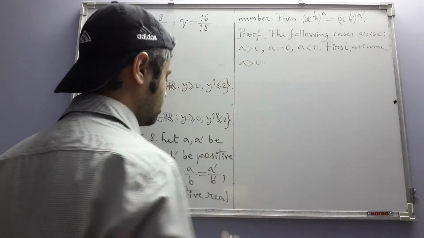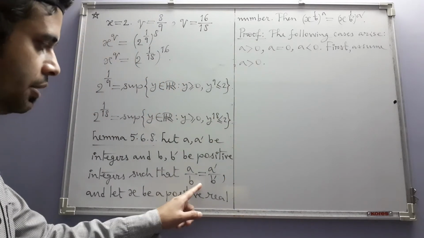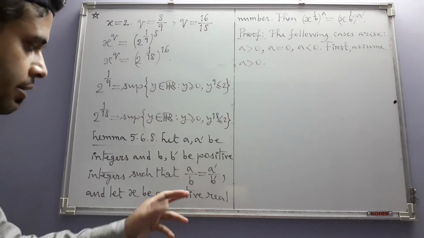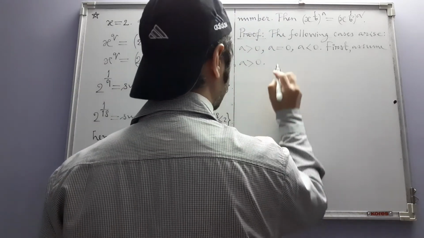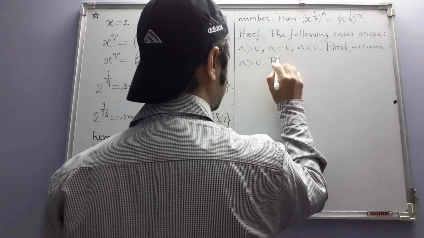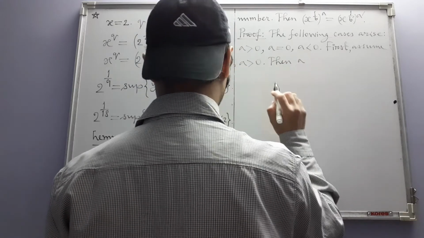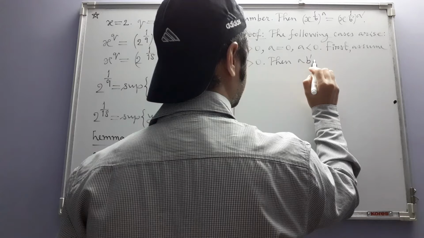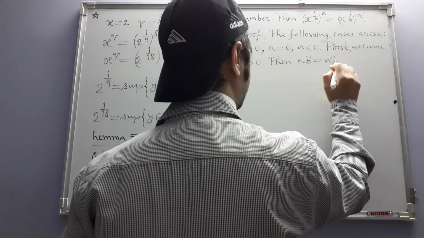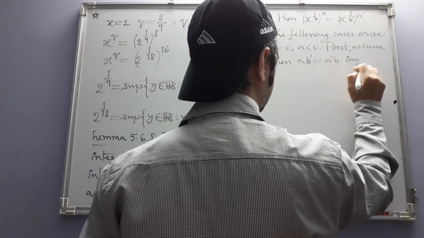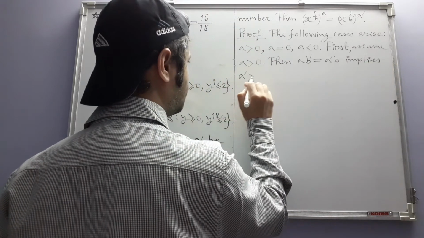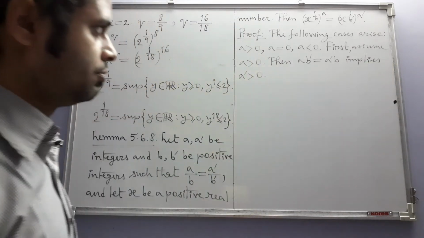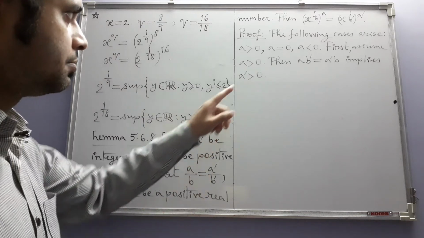a is positive. Now if we write this equation slightly differently after cross multiplication, a b prime equal to a prime b implies a prime is also positive. Let us see why.